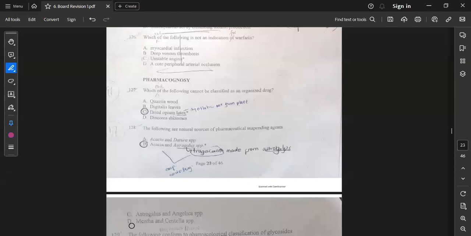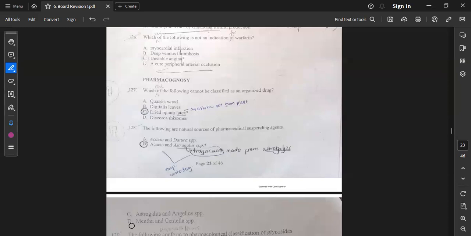Okay. Datura, of course, no. I don't know about C. What is Angelica? Again, B makes more sense, definitely. But what is Angelica? Okay, someone look that up and type it in the chat, please.